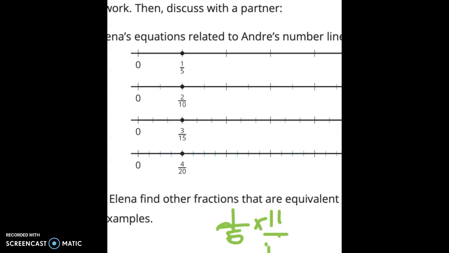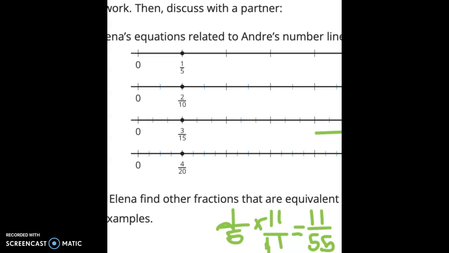So I would multiply across. 11 times 1 equals 11, and 5 times 11 equals 55. So I'd have 11/55. Okay, so that's one way.